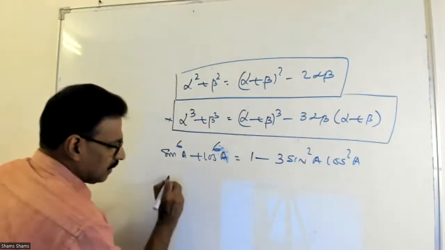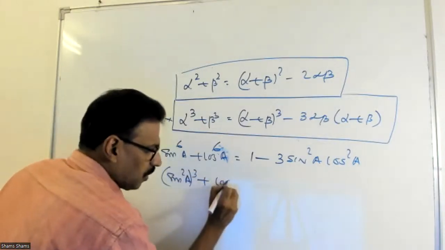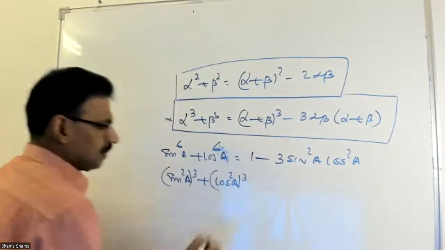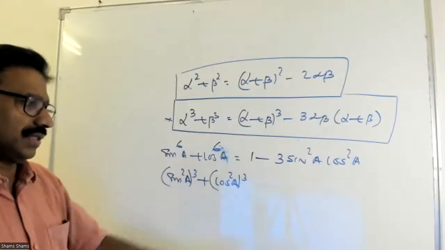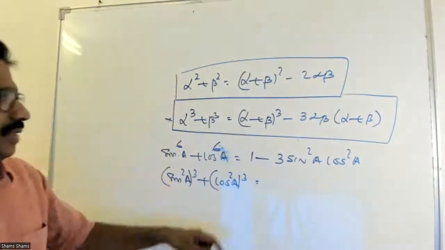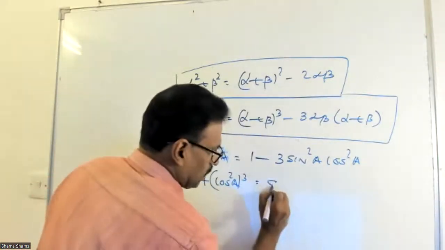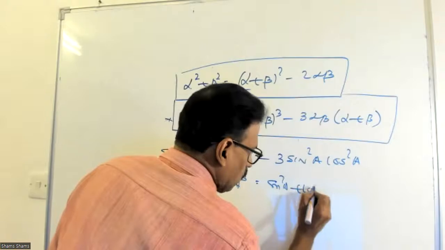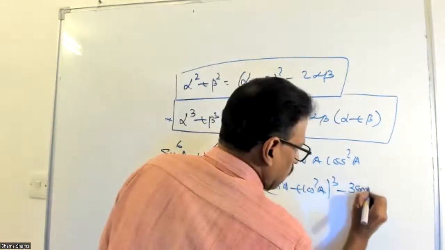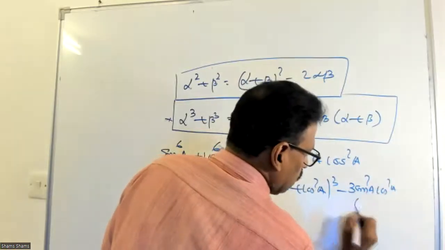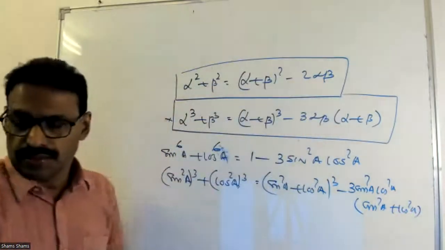Similarly we can write cos square A whole cube. Sine raised to 6A is sine square A whole cube, since 2 into 3 is 6. Now alpha is sine square A, beta is cos square A. Sine square A plus cos square A whole cube minus 3 sine square A cos square A into sine square A plus cos square A. Clear now?